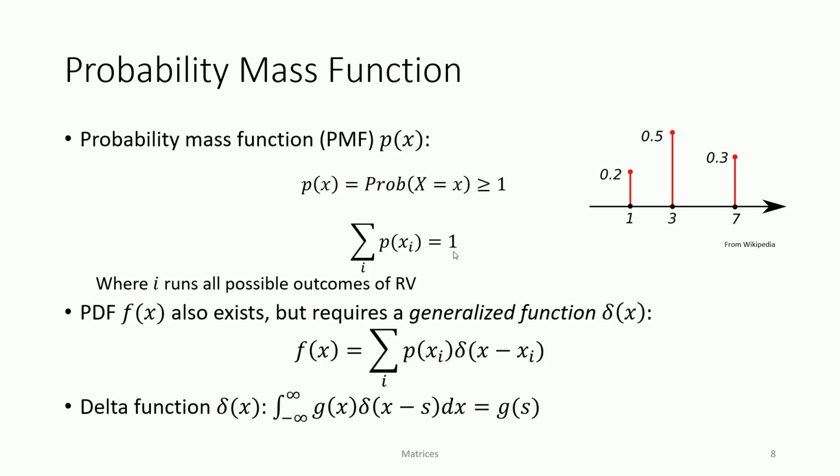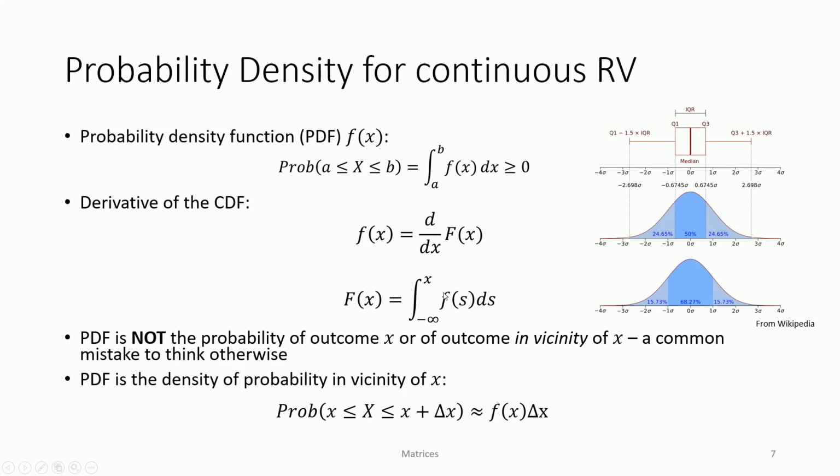And the same thing actually holds for PDF, obviously. I didn't show it here, but it should be obvious, because we know that the CDF at infinity is equal to 1.